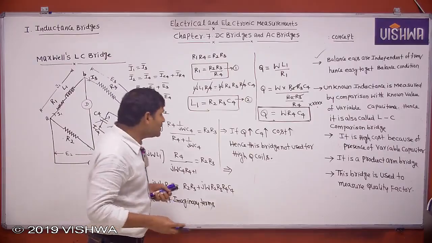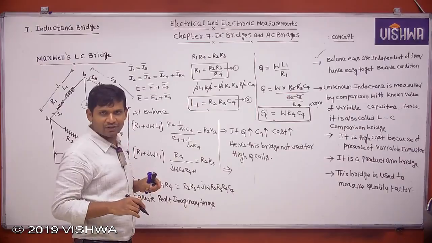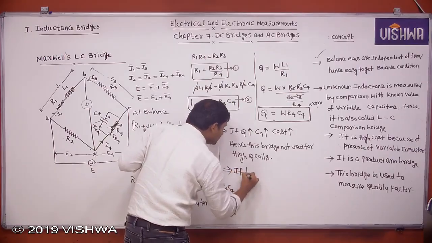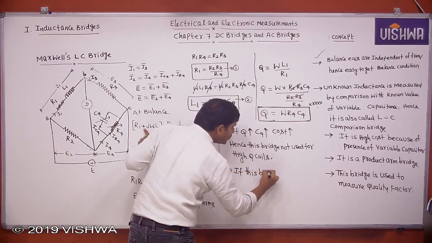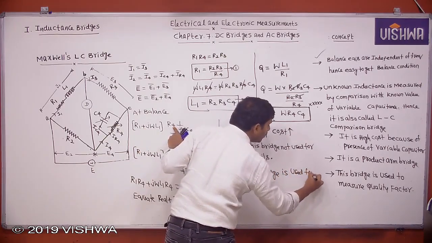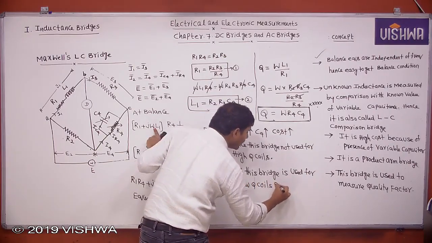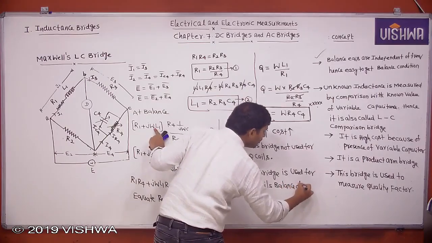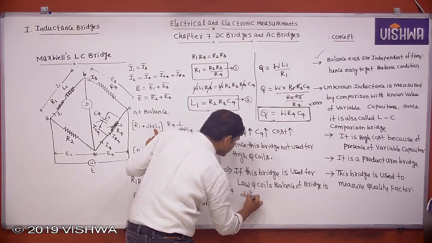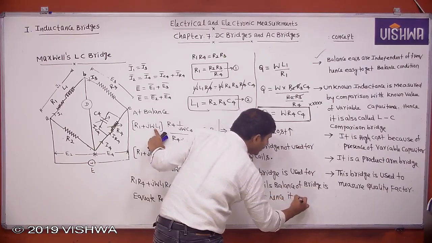That's why, if this bridge is used for low Q coils, balance of the bridge is very difficult. This is a practical observation. Hence, it is not used for low Q coils.